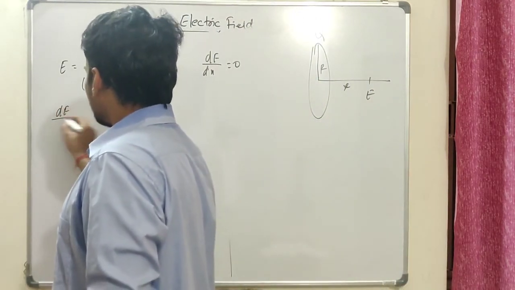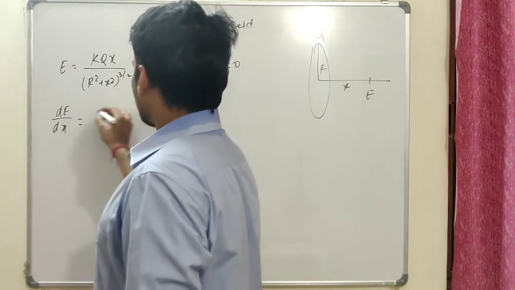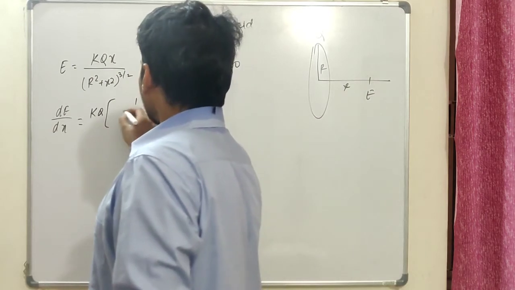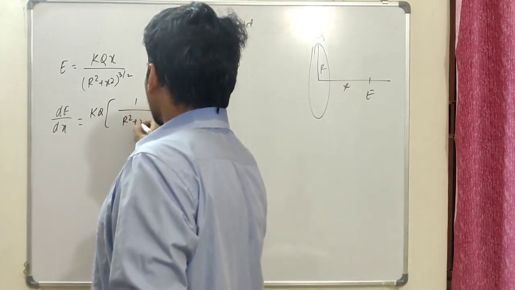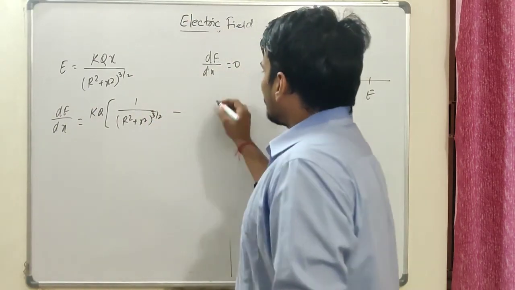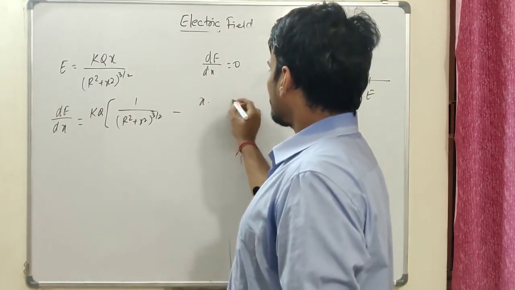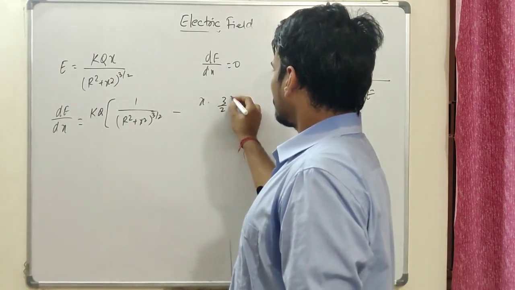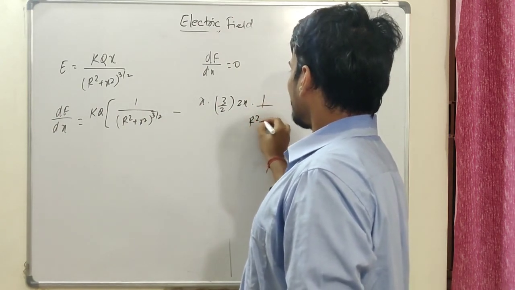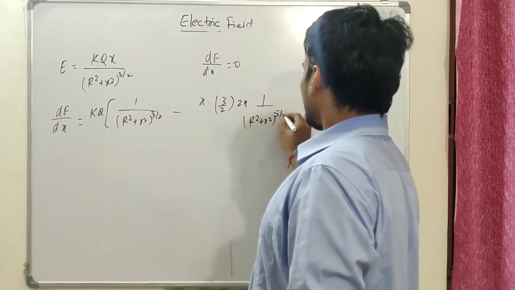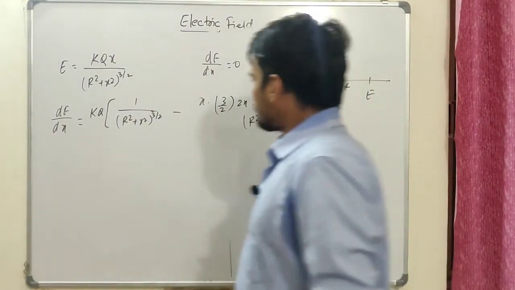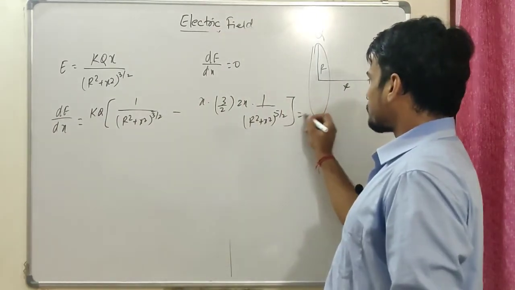So dE by dx should be, let me take kq out, no problem with this. I'll have 1 over (r square plus x square) to the power of 3 by 2, minus x times 3 by 2 times 2x times 1 over (r square plus x square) to the power of 5 by 2. I'm sure you can understand this, not a big deal. And that should be equal to 0.